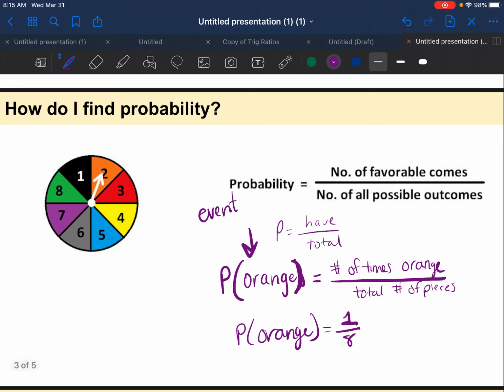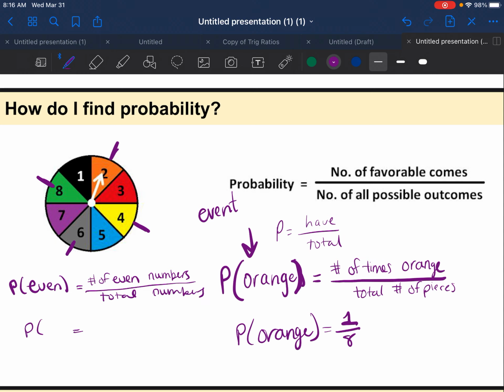Let's say I want to find the probability of an even number. So an even number is 2, 4, 6, and 8. So the number of favorable outcomes is the number of even numbers divided by the total numbers.